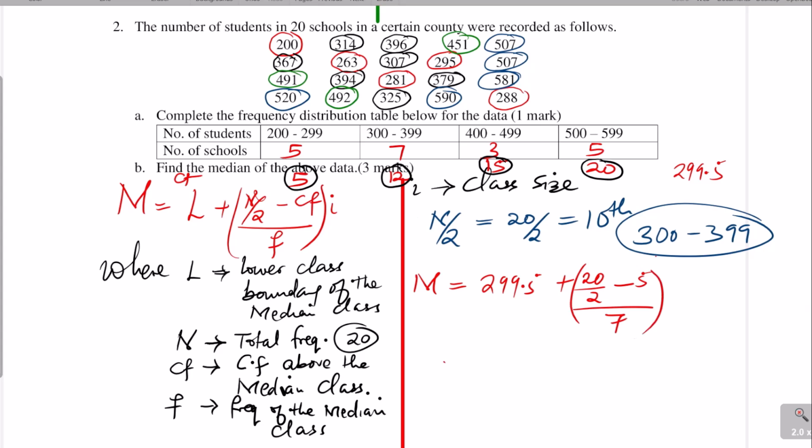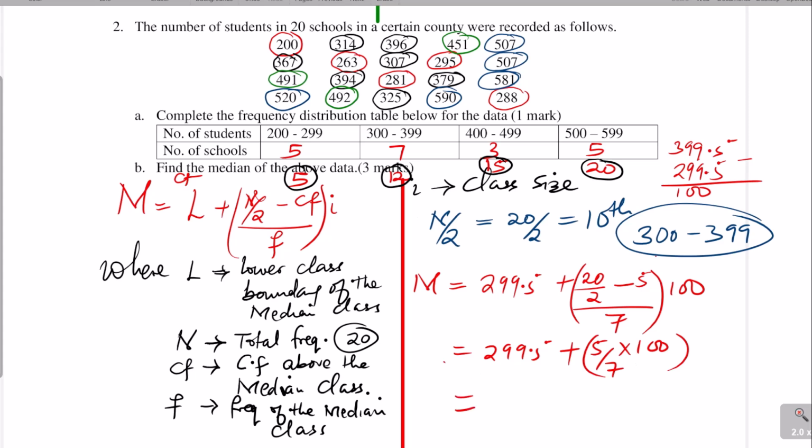Then everything multiplied by I, the class size. How do you get the class size? We use the median class. We take the upper class boundary, which is 399.5, subtract the lower class boundary, which is 299.5, and this will give 100. So from there, this will give 299.5 plus, 10 subtract 5, this will be 5 over 7, times 100.